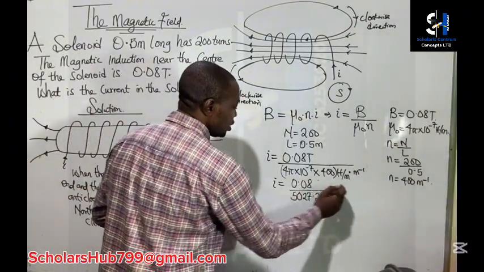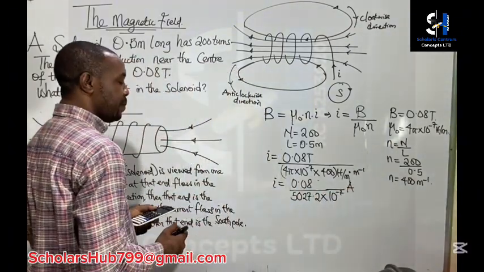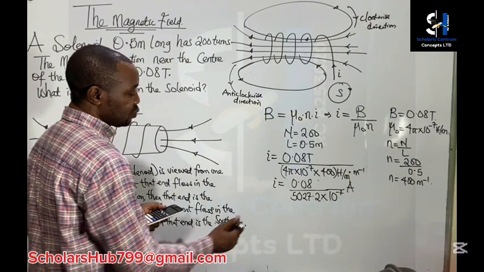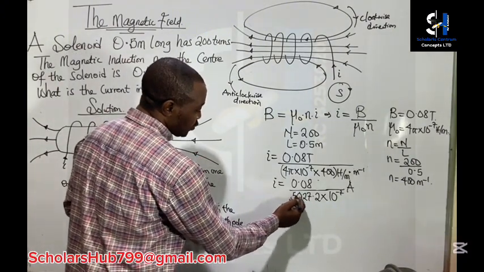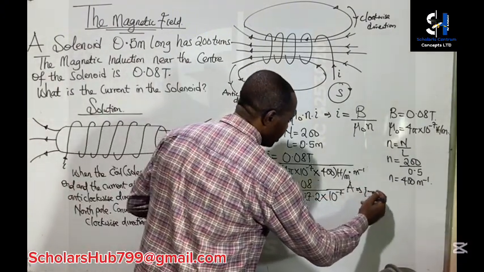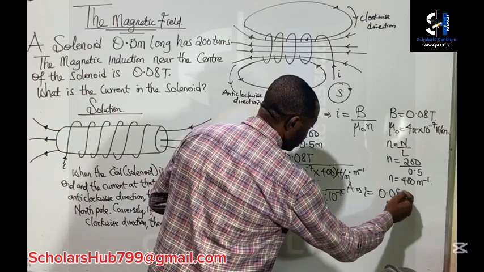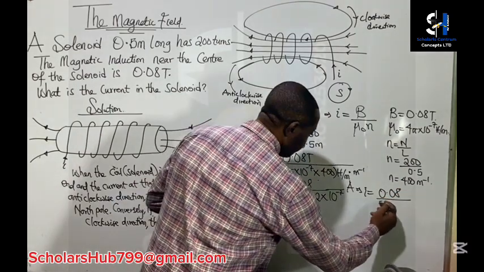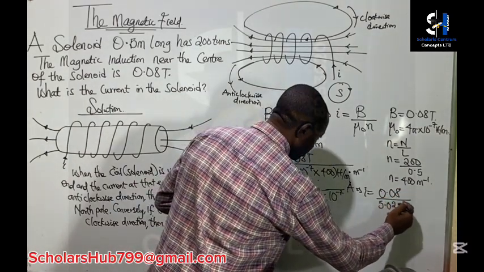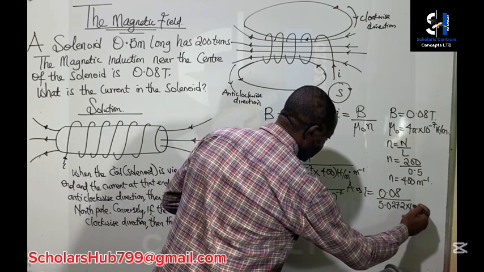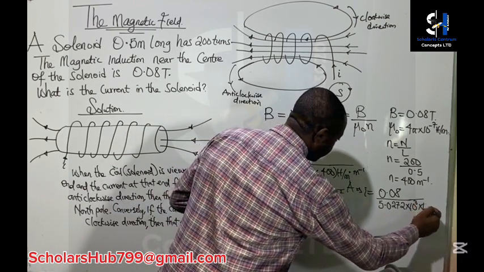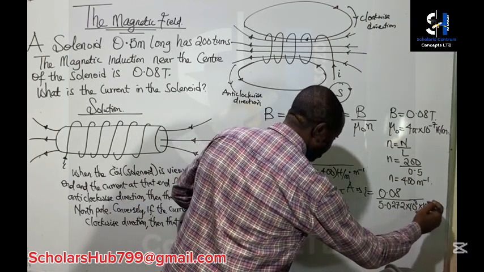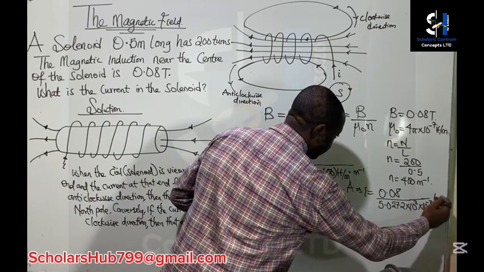The unit here will be amperes. Let's move the decimal point: 1, 2, 3. So I equals 0.08 over 5.0272 times 10 raised to the power of 3, then multiplied by 10 raised to the power of -7 amperes.